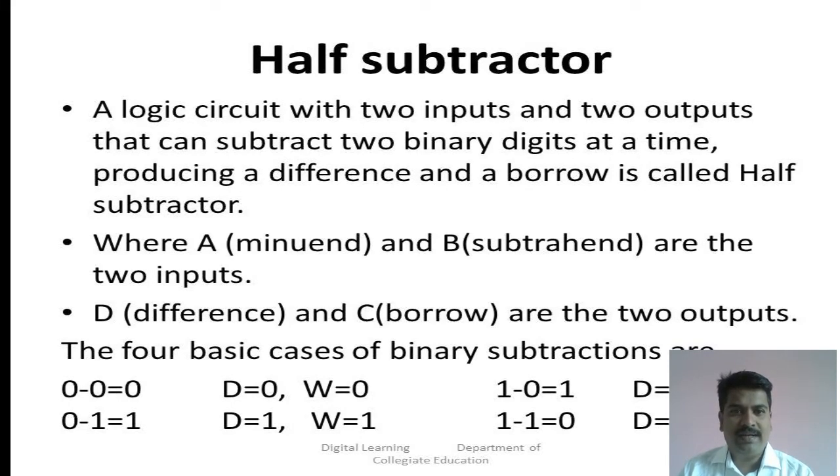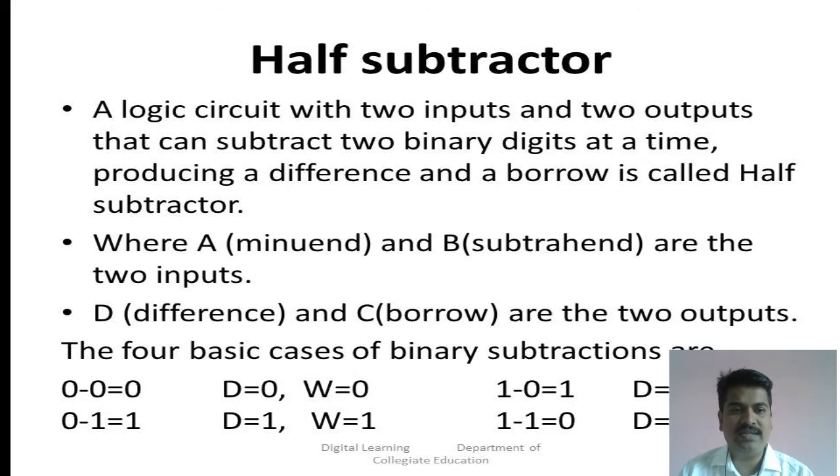The half subtractor is a logical circuit with two inputs and two outputs, and this performs subtraction of 2 bits at a time. So you can only do the subtraction of 2 bits at a time, producing difference and borrow, is called half subtractor.